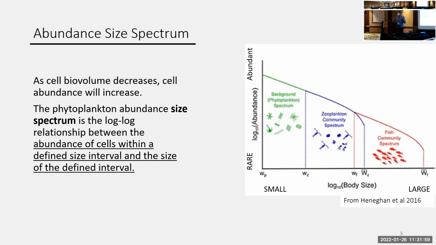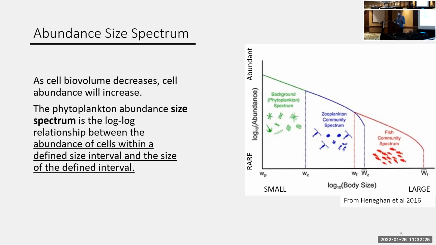I'm particularly interested in phytoplankton, but this relationship can also be applied to many different organisms within the size spectrum. It's specifically defined as the abundance size spectrum, and is calculated as the log-log relationship between the abundance of cells within a defined size interval and the size of the defined interval. It's important to look at because this relationship can be drawn linearly from the very base of the food web and through higher trophic levels. So impacts at the very base, within the phytoplankton, can have ramifications for higher trophic levels.